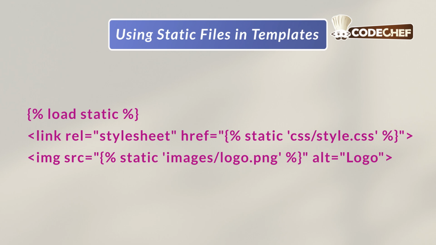So here again I say static, and then images were stored inside the images folder within the static folder. So that's why images/ the name of the image that you want to use. For example, logo.png. So you enclose it within single quotes and then it is enclosed within these tags. Now when you do this, Django will automatically generate the correct URL for your static file.